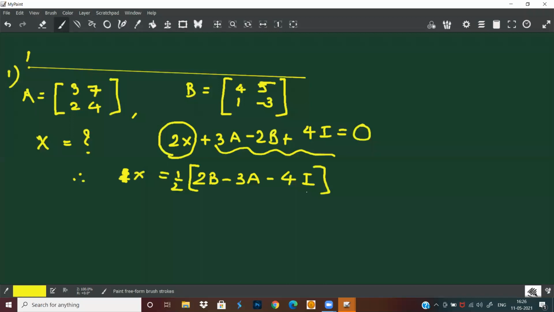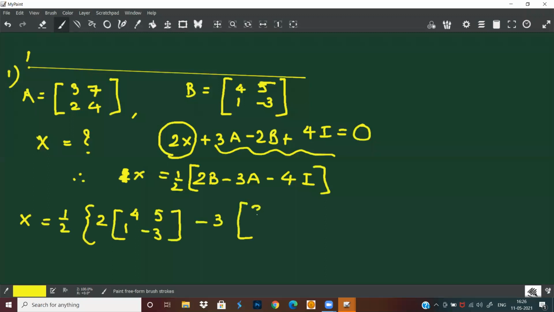In one shot we wrote this; this is going to be matrix X. Like in a formula, we made matrix X the subject. Correct? So X will be half of twice of matrix B minus, this is scalar multiplication, 3 times 3, 7, 2, 4, minus 4.